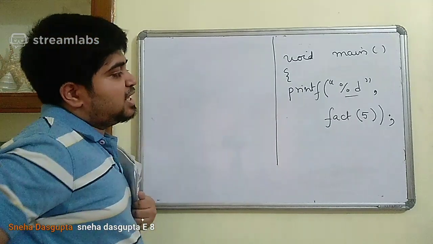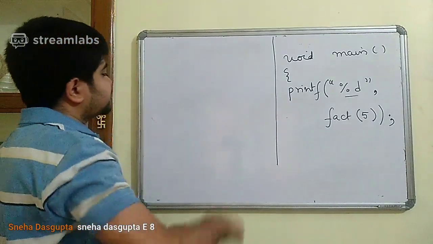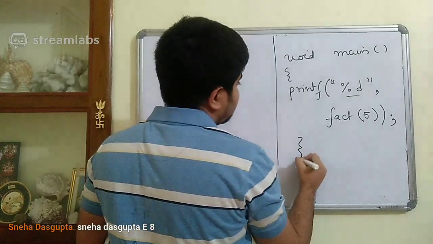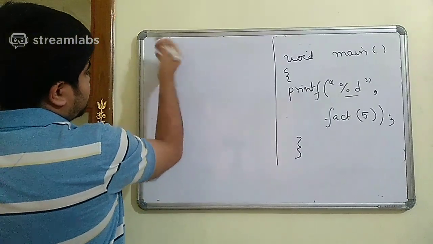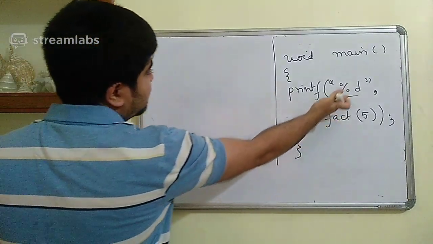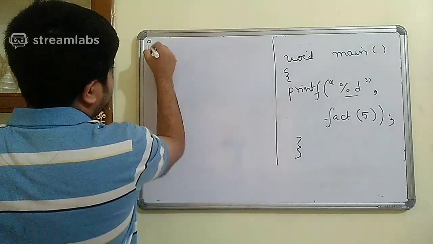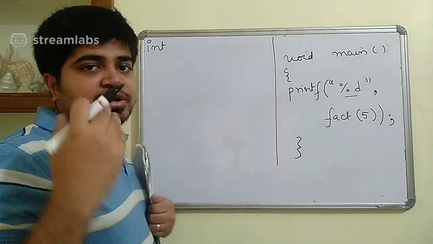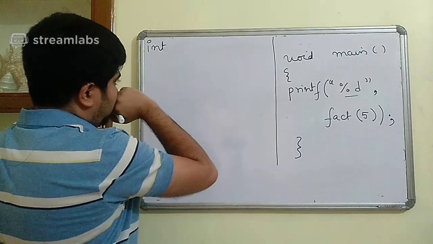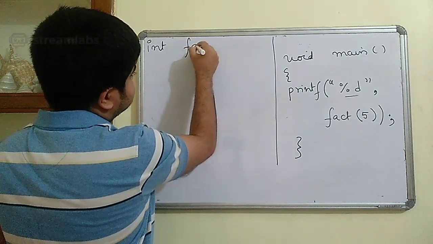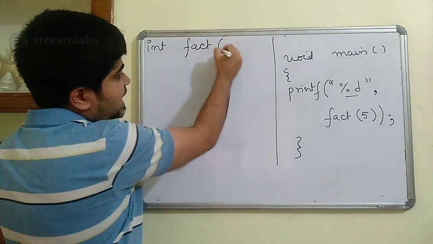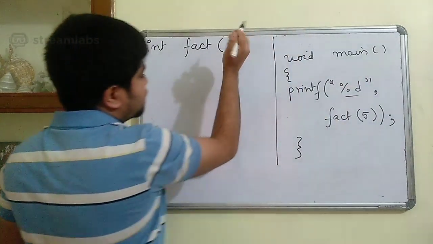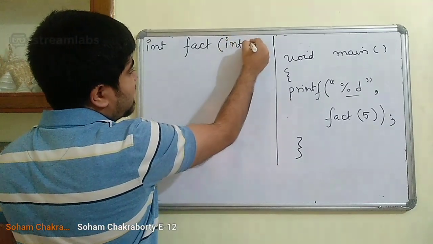So printf mod d fact of 5, right? So we are calling fact of 5, and the return type of fact will be an integer. So int, you mention the return type, fact, and you are passing an integer over here, so int n.